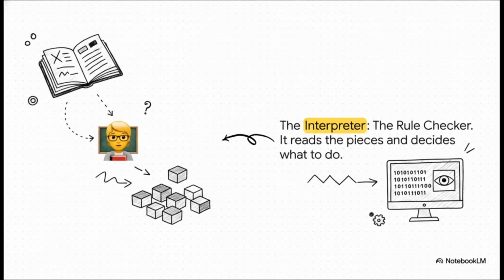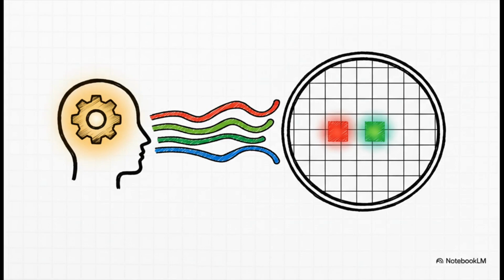And that's where the interpreter comes in. If the Lexer just does the chopping, the interpreter is the head chef with the recipe book. It takes all those neatly sorted pieces and figures out what they actually mean. It reads the code and says, aha, this string of 1s and 0s, it's an instruction to show something on the screen. The interpreter is really the brains of the operation here. It sends the final instructions over to your monitor.